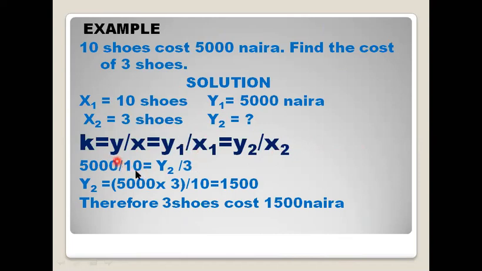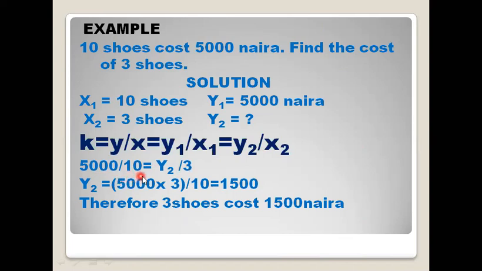So we have a ratio here, 5,000 over 10, equal to another ratio, y2 divided by 3. Please, the slash you're seeing here represents divided by. All the slashes you're seeing here represent divided by.